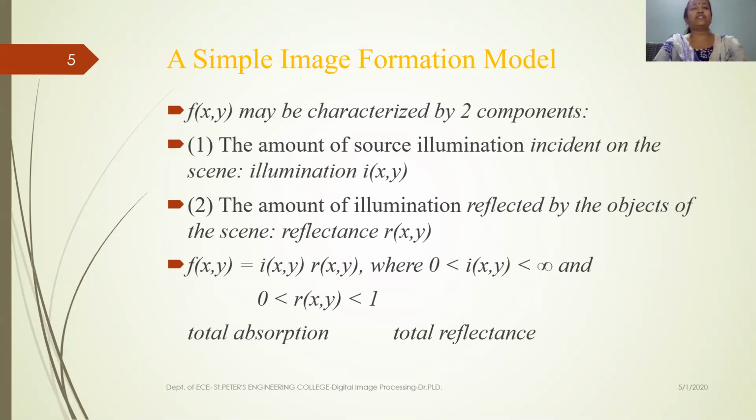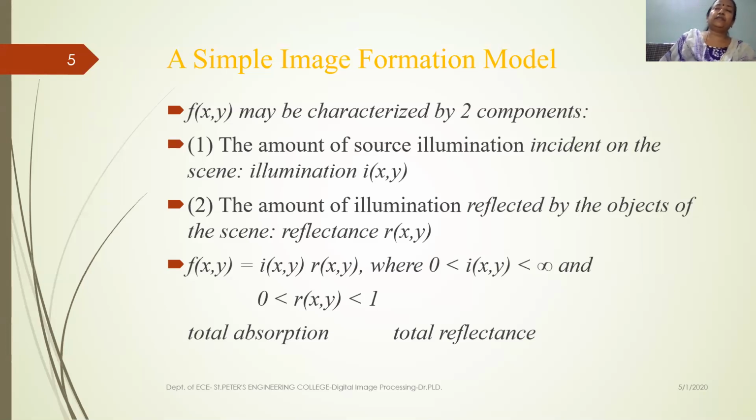So f(x,y) = i(x,y) r(x,y), a multiplication of i(x,y) and r(x,y). i(x,y) ranges from 0 to infinity, meaning the maximum source of illumination is infinity and the minimum is 0. Reflectance has a minimum of 0 and a maximum of 1. These are the ranges of illumination as well as reflectance.